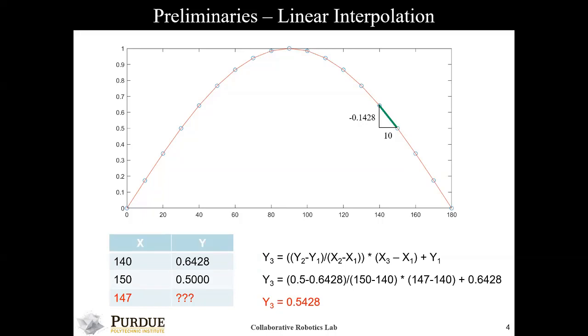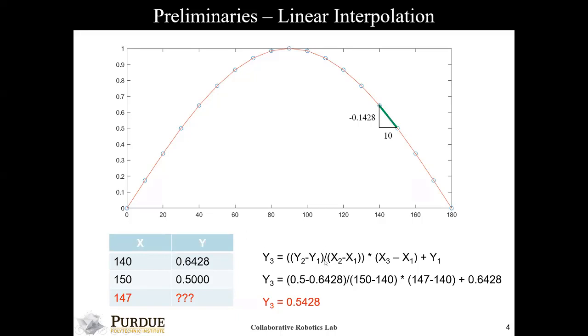And so the way we find a point in between, if we're going to do linear interpolation, is we look at the local change in both X and Y, and then we solve that problem for Y equals MX plus B. We solve that little problem so that if we have the number 147, we can come up with the proper value.